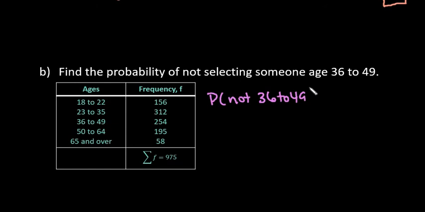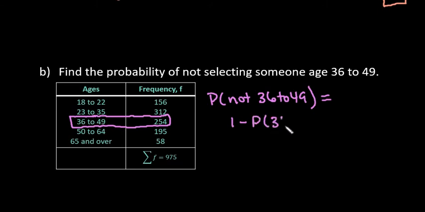Okay, so one way you could do this is you could go through and add up the 156 plus the 312 plus the 195 plus the 58, but that's a lot more work. It's a lot easier to look at this group right here and say that the probability of not selecting somebody age 36 to 49 is equal to 1 minus the probability of selecting someone 36 to 49.